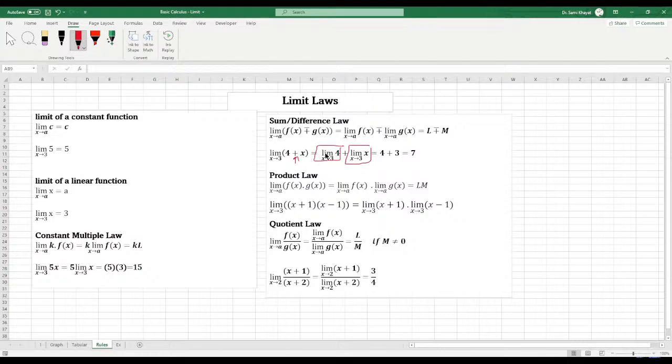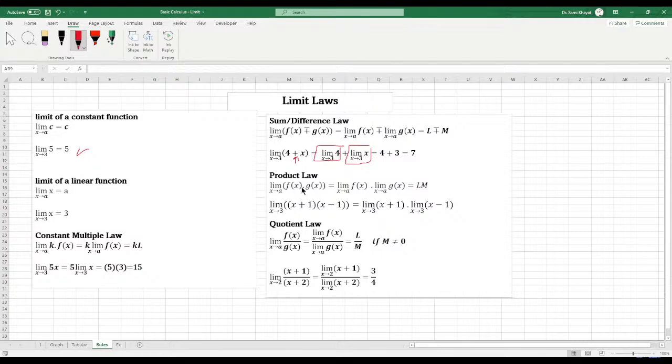Now this one, I will follow the rule here, which tells me the answer is 4. And this one, I will follow the second law, which will be 3. 4 plus 3 is 7. This is the law of the sum.